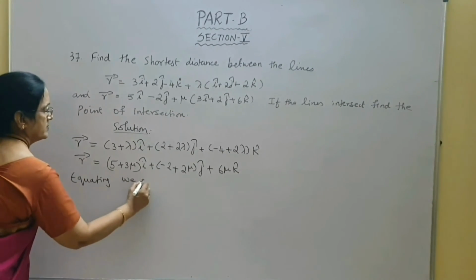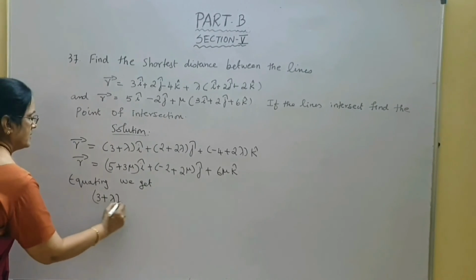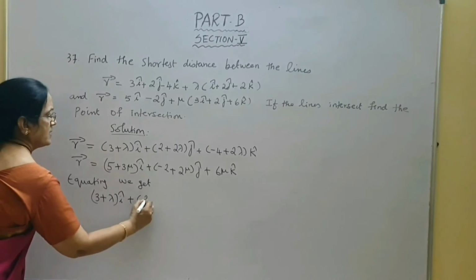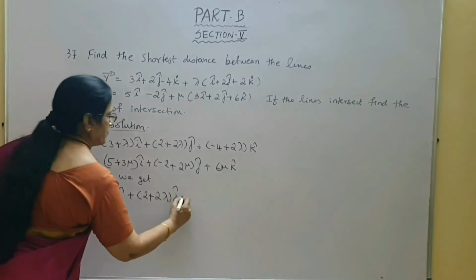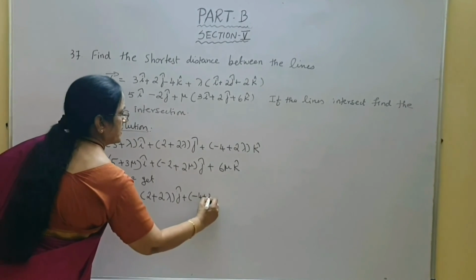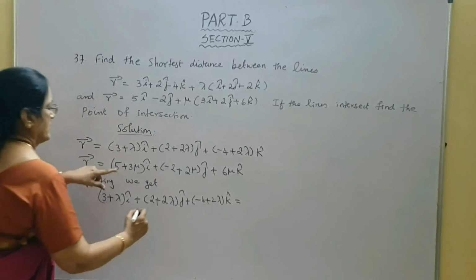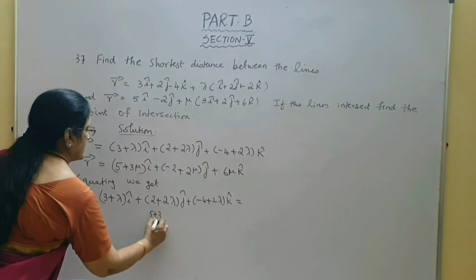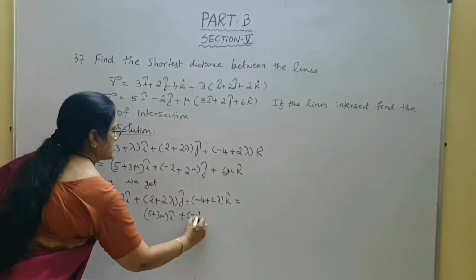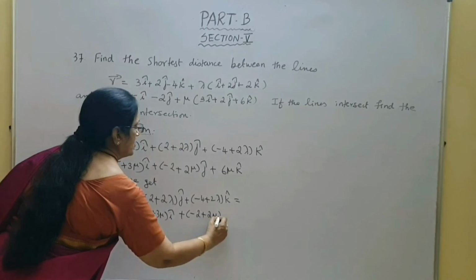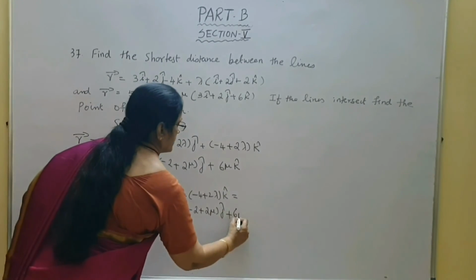We get (3 plus lambda) i cap plus (2 plus 2 lambda) j cap plus (minus 4 plus 2 lambda) k cap should be equal to (5 plus 3 mu) i cap plus (minus 2 plus 2 mu) j cap plus 6 mu k cap.